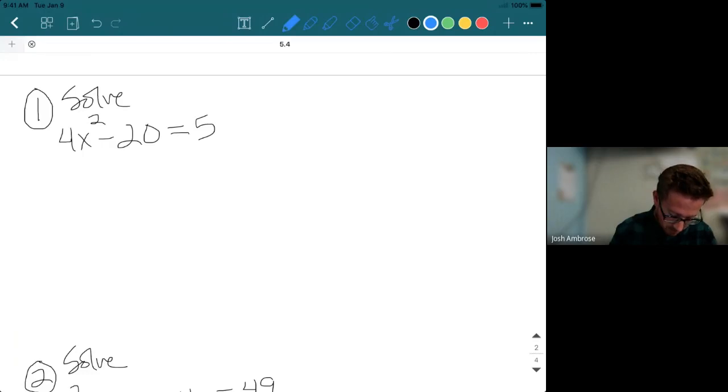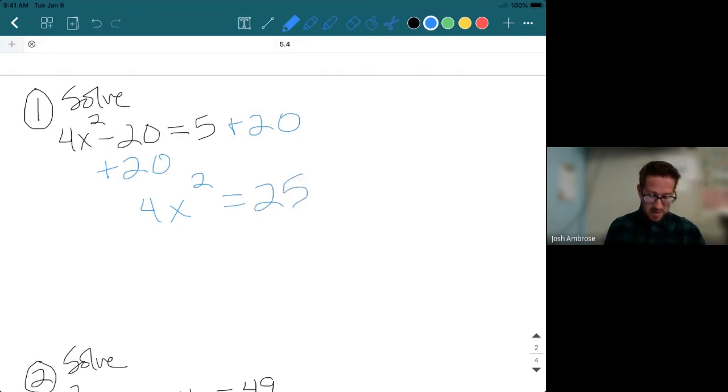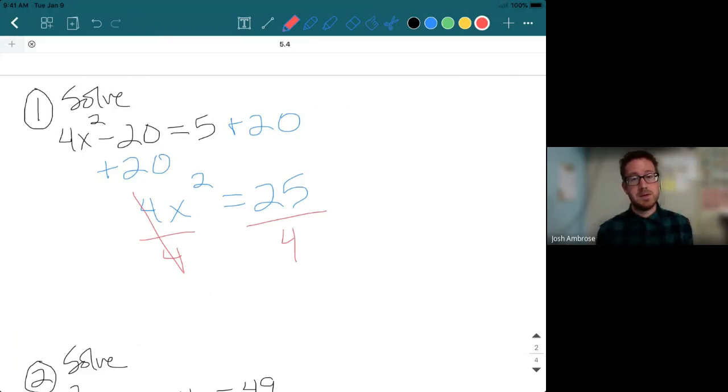So we're going to add 20. And that's going to give us 4x squared equals 25. Then we can divide both sides by 4. That crosses that out. There we go. So now what you should see is x squared equals 25 over 4.